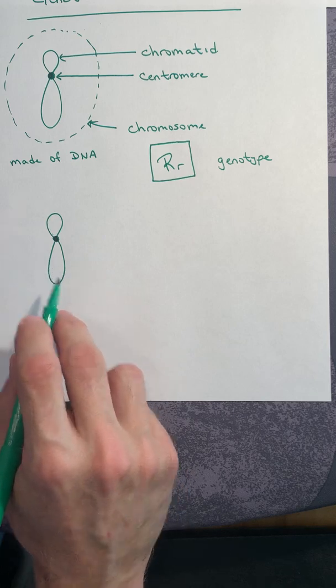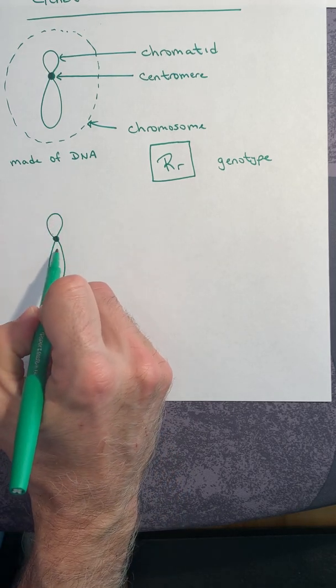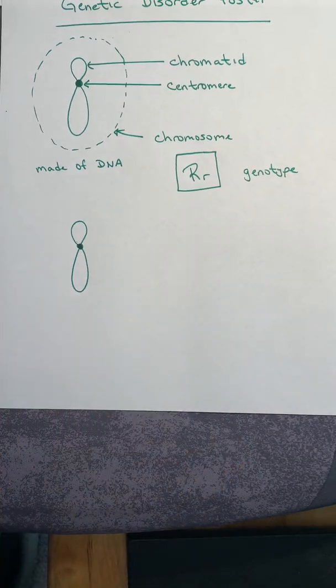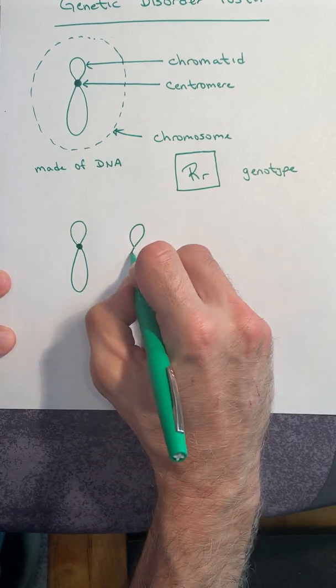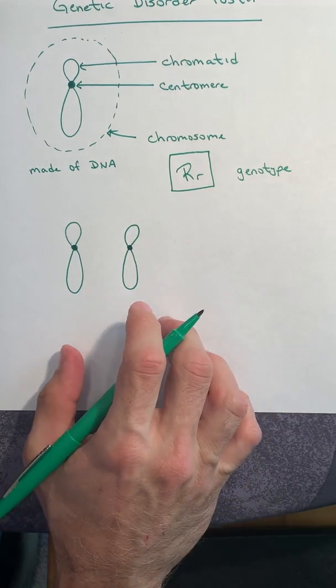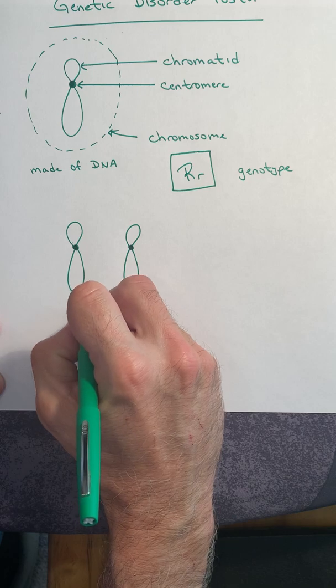So here is a chromosome. And this chromosome is made of thousands of different sections of DNA called genes. So when we write big R, little r, what that means is we carry two chromosomes, what we call a homologous pair. And let's make this, I don't know, chromosome number 12.